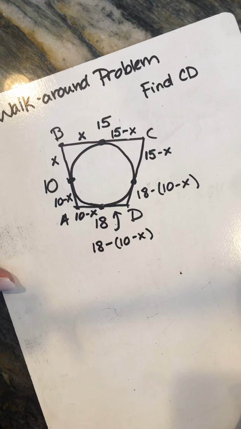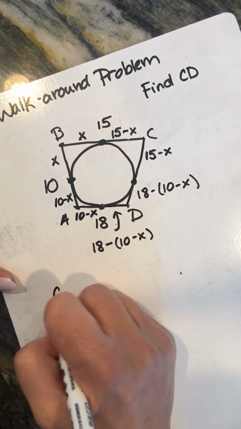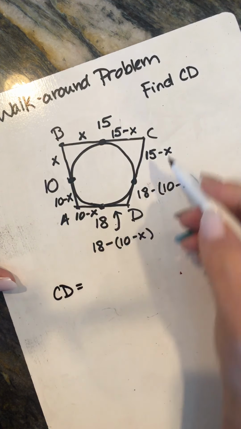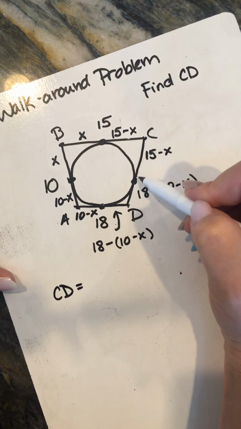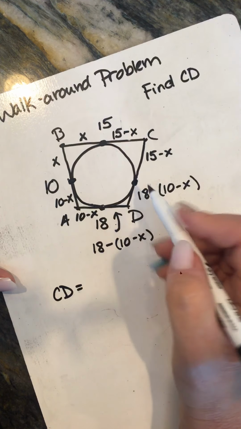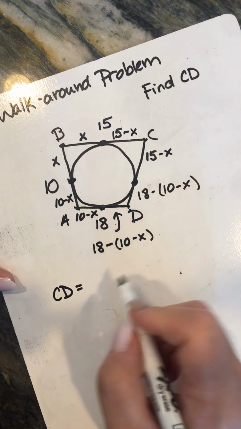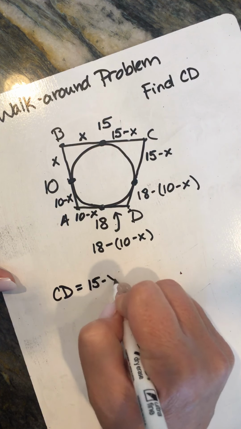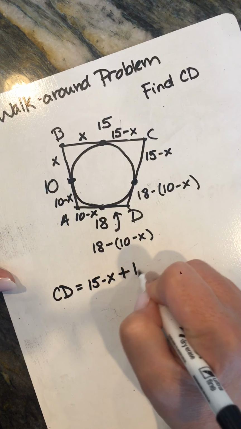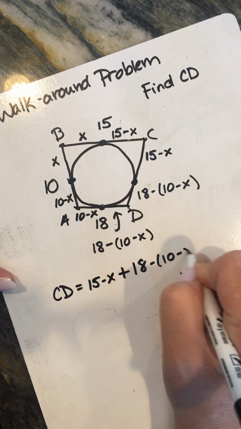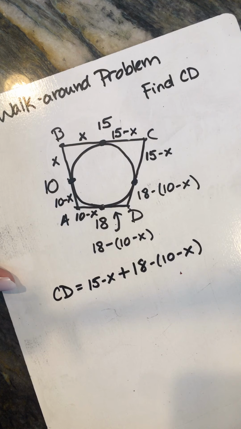Still don't know CD, right? Well, let's go ahead and look. CD will equal this piece from C to the point of tangency plus this piece from the point of tangency to D. So 15 minus x plus 18 minus the quantity 10 minus x.